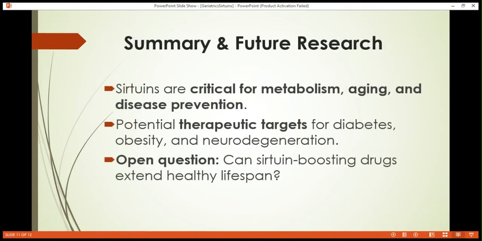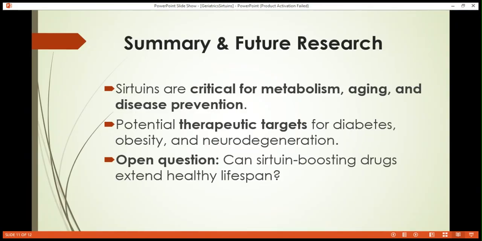In summary, these Sirtuins are critical for metabolism, aging, and disease prevention, like diabetes, obesity, and metabolic syndrome, which is common in old age. And these Sirtuins are potential therapeutic targets for diabetes, obesity, and neurodegeneration.